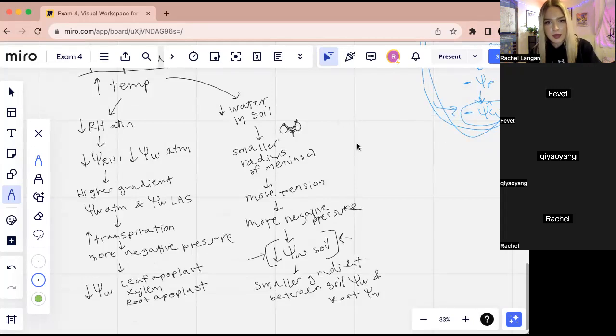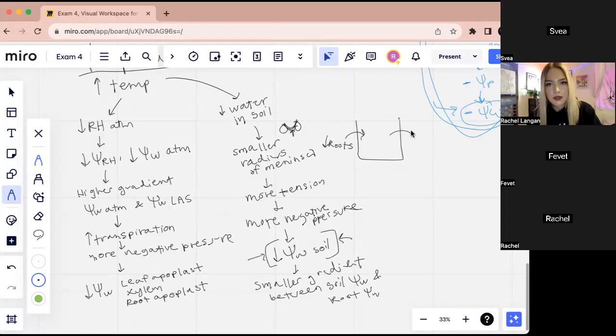If you did a mass balance of that, the rate in from the roots would be going down, whereas the rate out from transpiration would be going up, and you get a decrease of water in the plant.